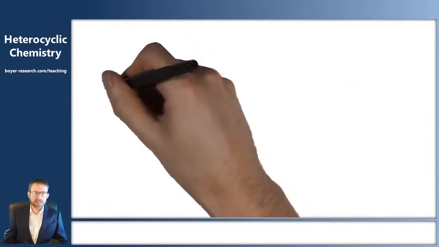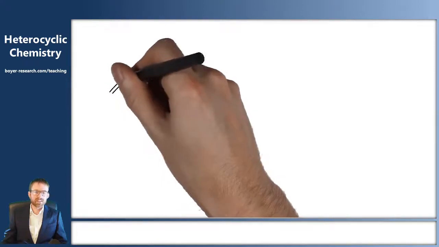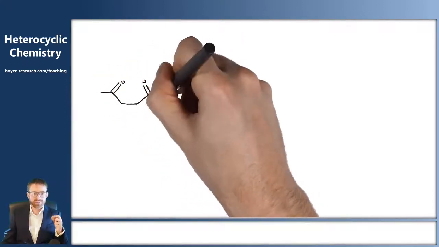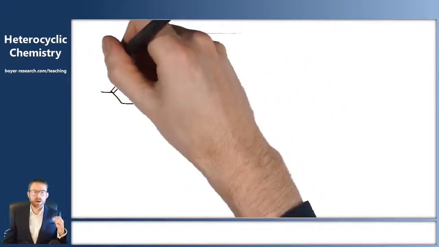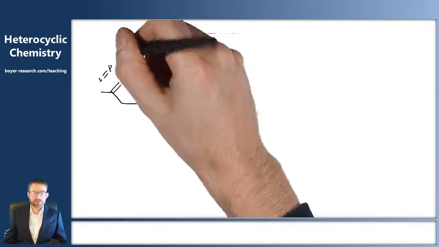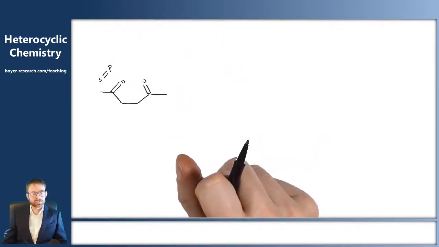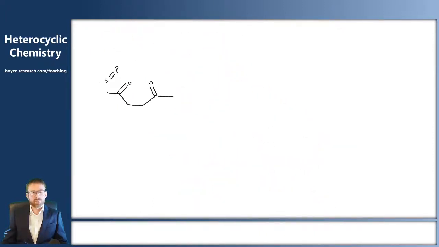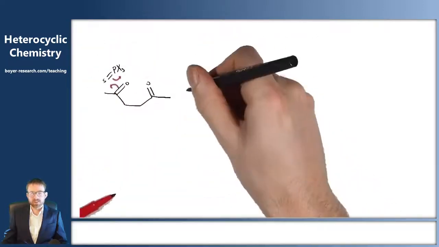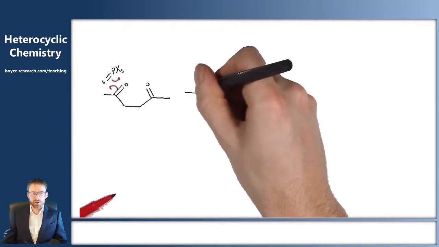So the key element of this is our 1,4-dicarbonyl, which we're getting very used to seeing now, but we need to swap out the oxygen for sulfur, and so we're going to use a phosphorus-sulfur reagent. The driving force will be the formation of a phosphorus-oxygen double bond, and so we can draw arrows which swap that sulfur for the oxygen.